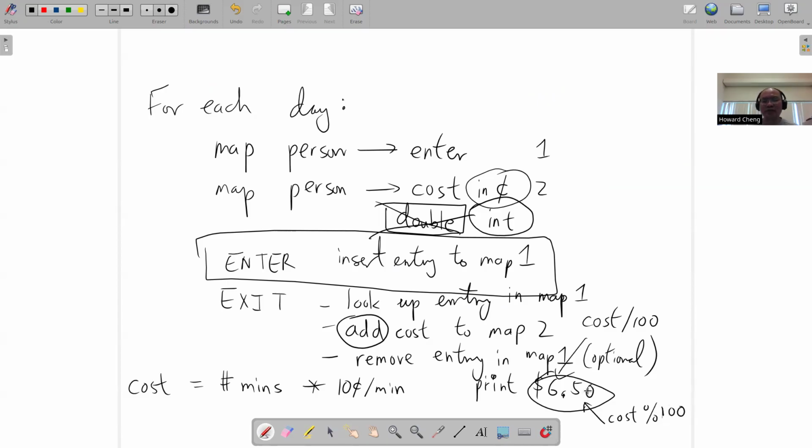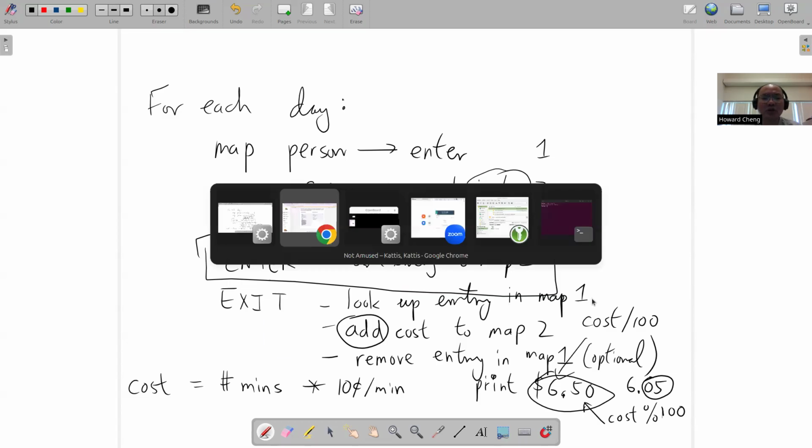But you have to be careful, maybe not in this case but in others, with something like 6.05: when you print it, it might just print a 5 if you only have one digit. We'll explain how to deal with that later. Okay, so that's basically it, and I'll show you the code.